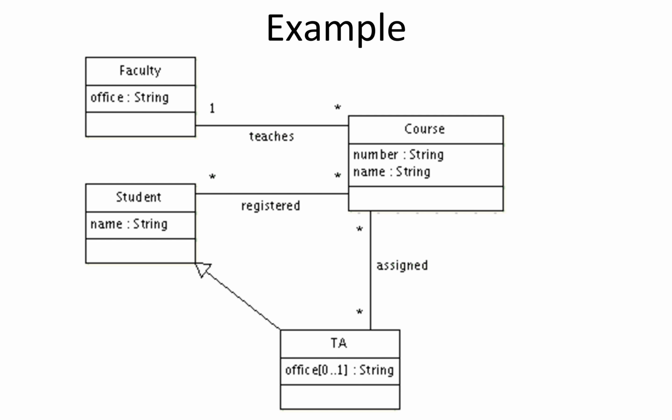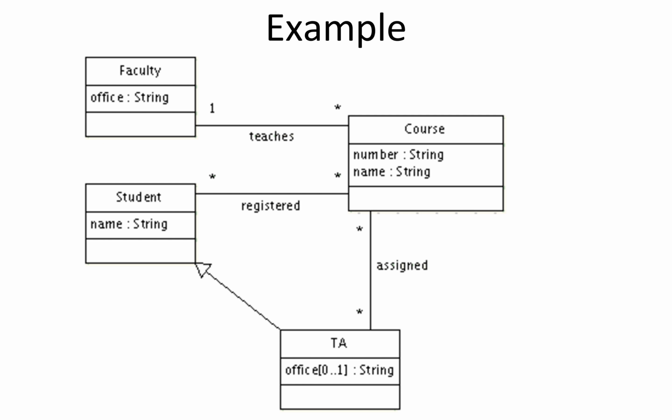So to implement this inheritance relationship, we would need a table that captures just a student record. And then we would have another table that captures the office hours for the TA. But if you want to ask for information about the TA, all the information about the TA will be spread over two records. So if you want to recreate the TA, you're going to need to join fields from the TA table plus some fields from the student table.